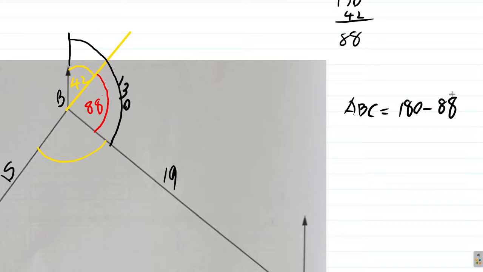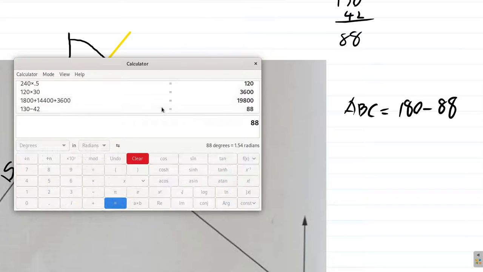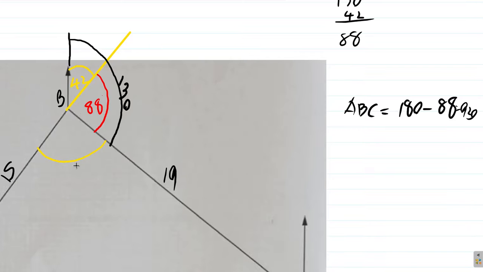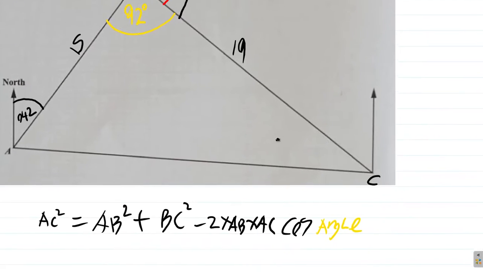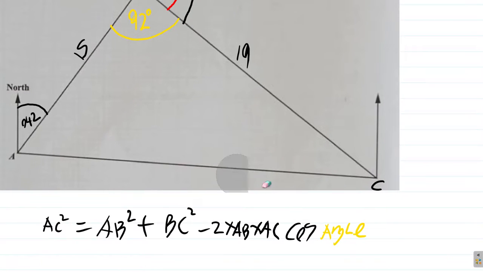See that? So therefore 180 minus that is equal to 92 degrees. So this angle is 92 degrees. Alright, so we can work with it now. This is cos 92.